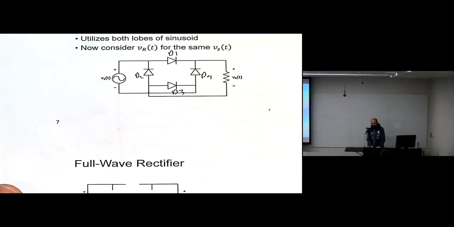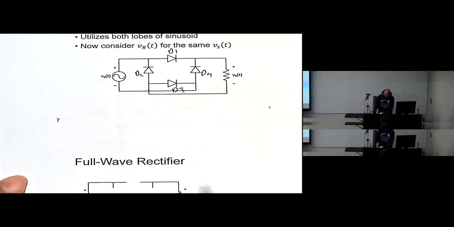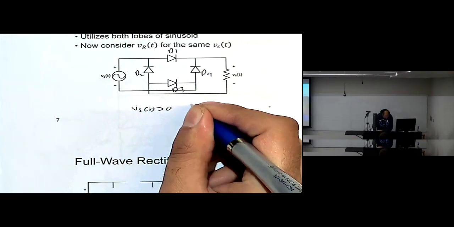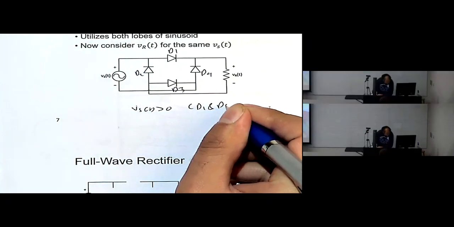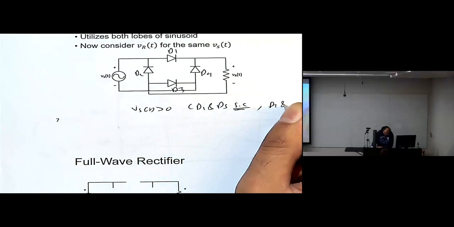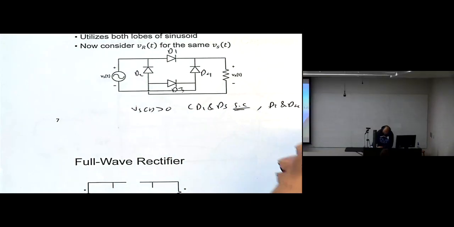Clear? If someone gets mixed up between those, we can say the following. If Vs of t is positive, then D1 and D3 are short circuits, while D2 and D4 are open circuits.